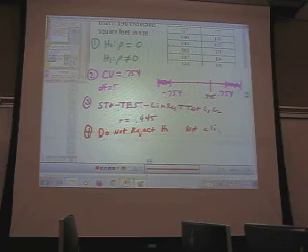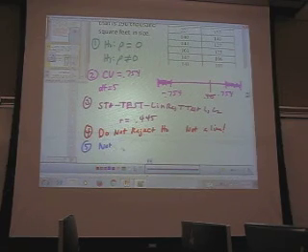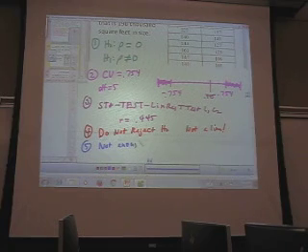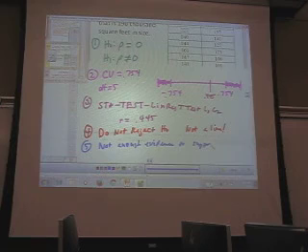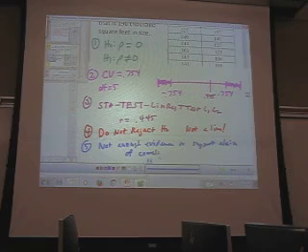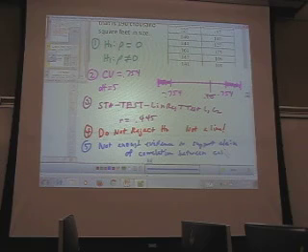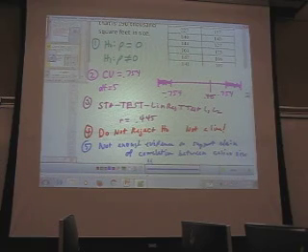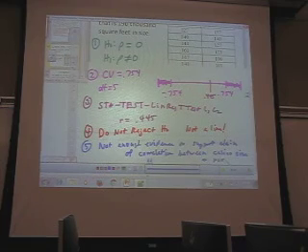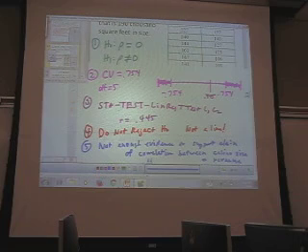So then in step 5, not enough evidence to support claim of correlation between size and revenue. Okay, good. Are we on board? Yes. All right.